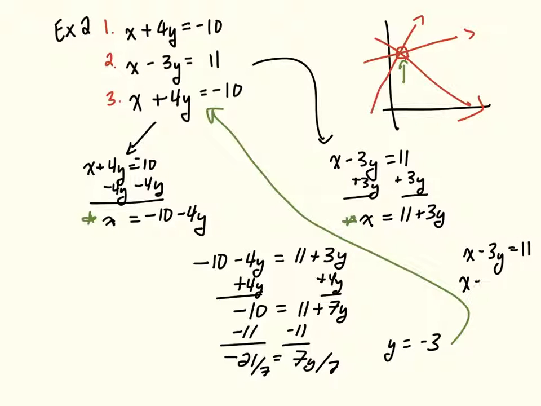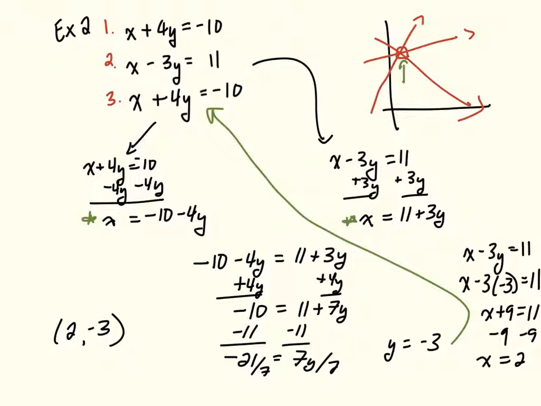If I take x minus 3 times the number that I found for the y-coordinate of the intersection point, negative 3, I get x minus 3 times negative 3, which is going to give me x plus 9 equal to 11. Subtract 9, and x winds up being 2. So then my solution to this, believe it or not, the 3 lines will meet at (2, -3), like so. Done.